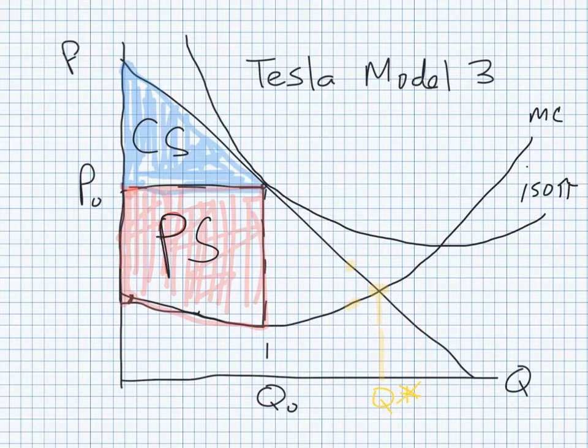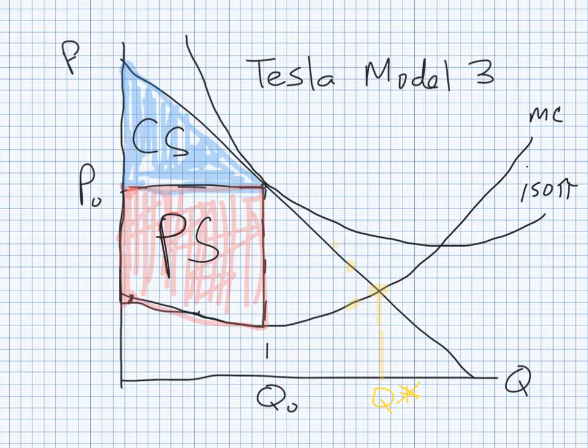If we were at that level, we would have earned this whole area of total surplus, the whole area underneath the demand curve and above the marginal cost curve from 0 to Q star. That's the theoretically best outcome possible for society. That's where the total surplus, the sum of consumer and producer surplus, would have been at its highest.